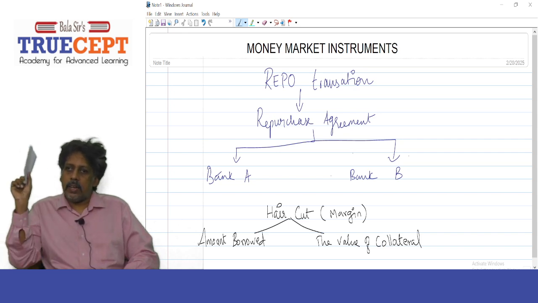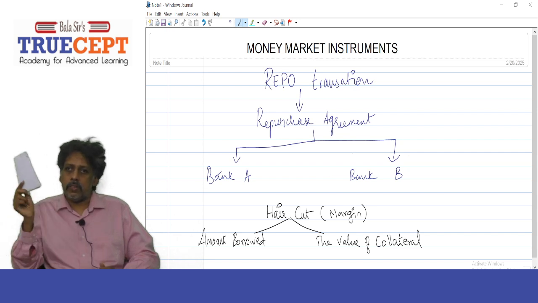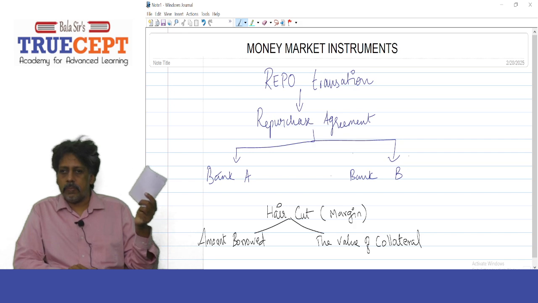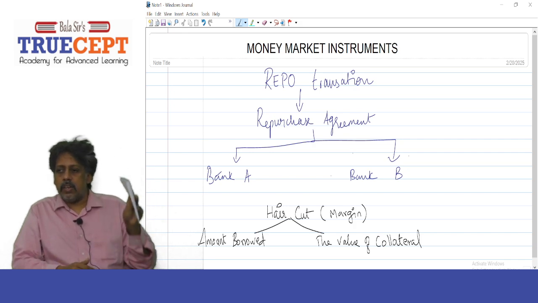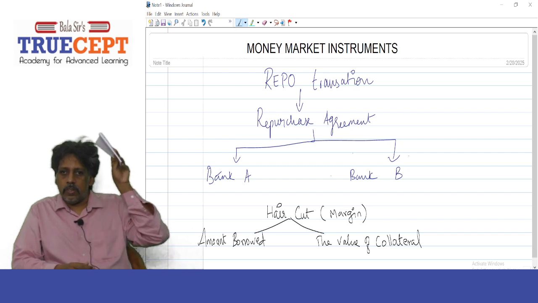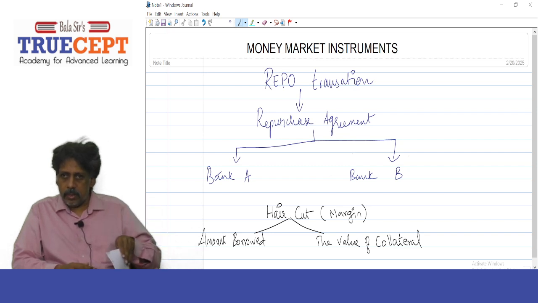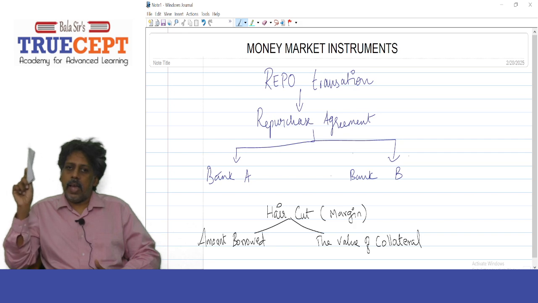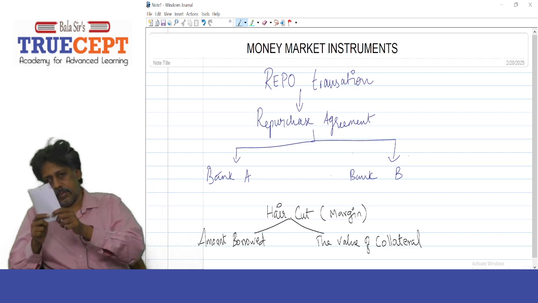So banker A should not remove this investment from the books, even though it is sold to banker B, because all the risks and rewards remain with A. Even if the investment goes down to 95,000 in a month, banker A still has to pay 1,01,000 and repurchase these investments. Is that clear?